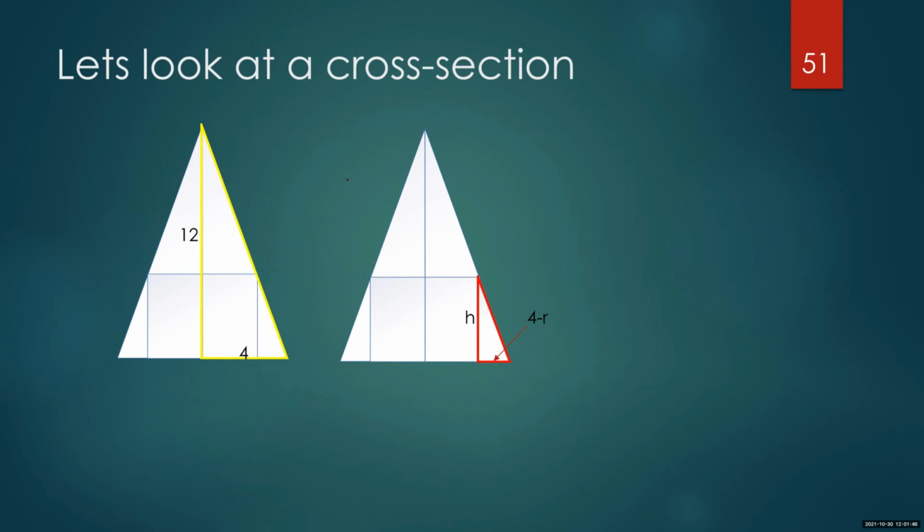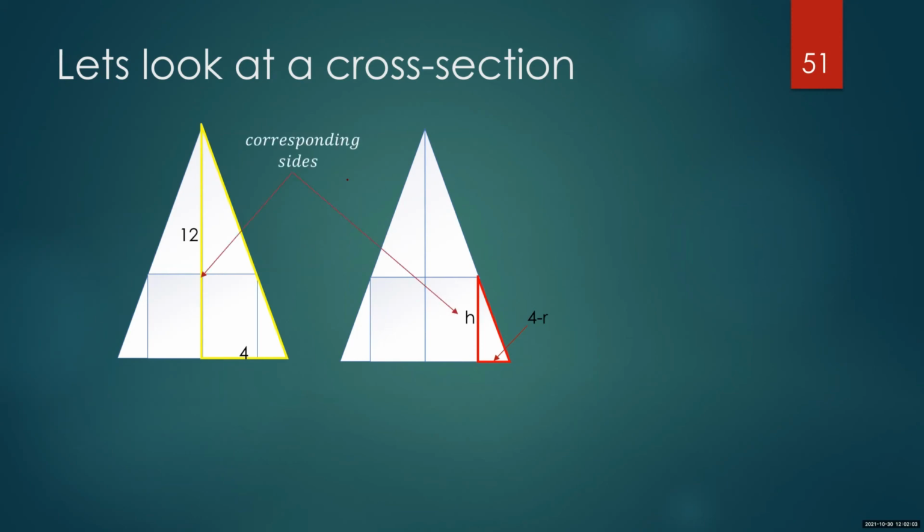The h is the vertical side of the cylinder, and the gap at the base between the side of the cylinder and the corner of the cone is 4 minus r.